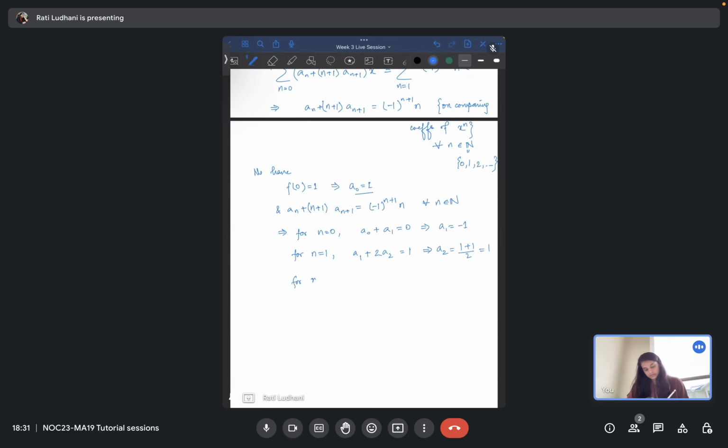And now for n = 2, this will be a2 + 3a3 = (-1)^3, so we get -1. Now a3 = (-1 - 1)/3, which is -2/3... a3 is -1. So can you observe this pattern? We will go on. They just alternate: 1, -1, 1, -1.